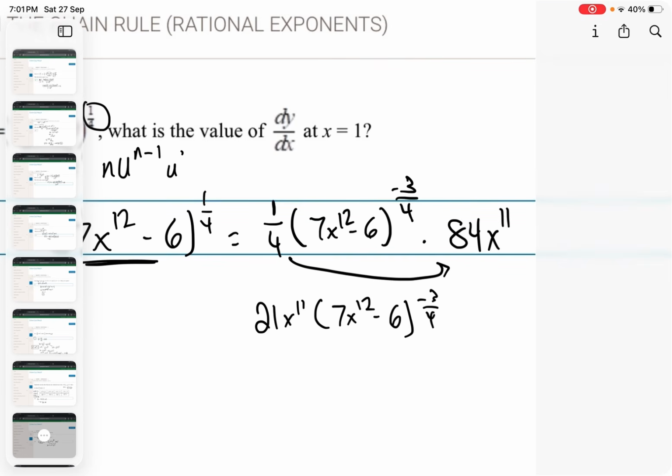And then, instead of writing it all down as a fraction and confusing yourself, just replace x with 1 because they ask for it.